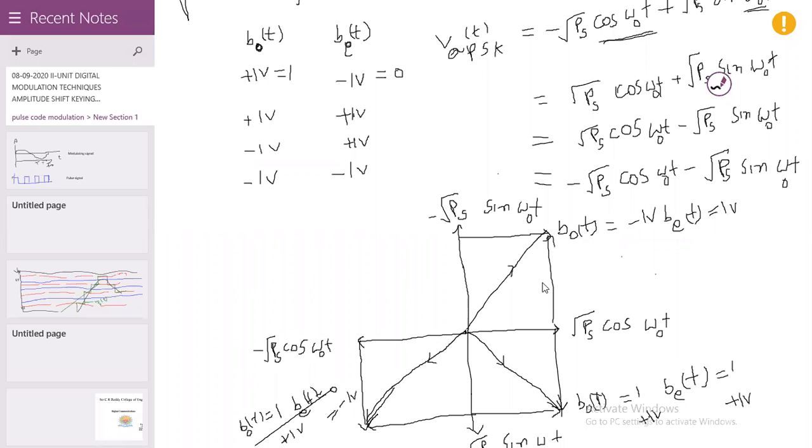Similar way here also, we can draw this resultant.